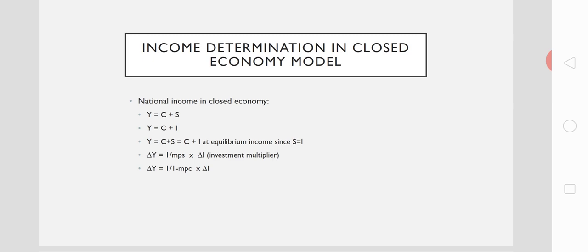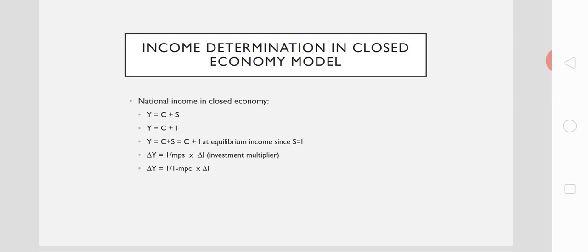As the value of MPS is greater, the investment multiplier will be lower. As long as the value of MPS is lower, the investment multiplier value will be higher. So there is an inverse relation between marginal propensity to save and the investment multiplier.